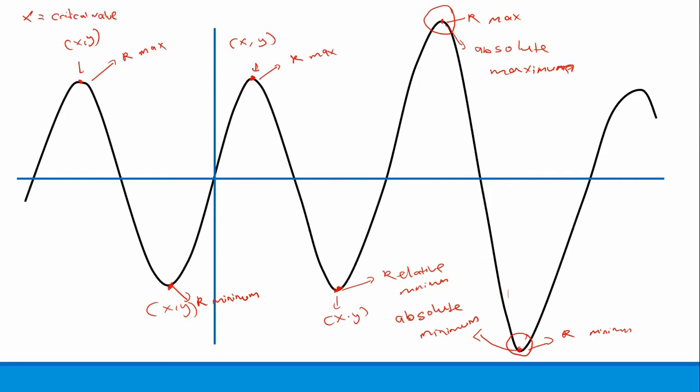The value of x at the peak, whether it is a maximum or minimum, is known as the critical value. If it is the point (x, y), the point of the peak for a maximum or minimum, it is called the critical point.